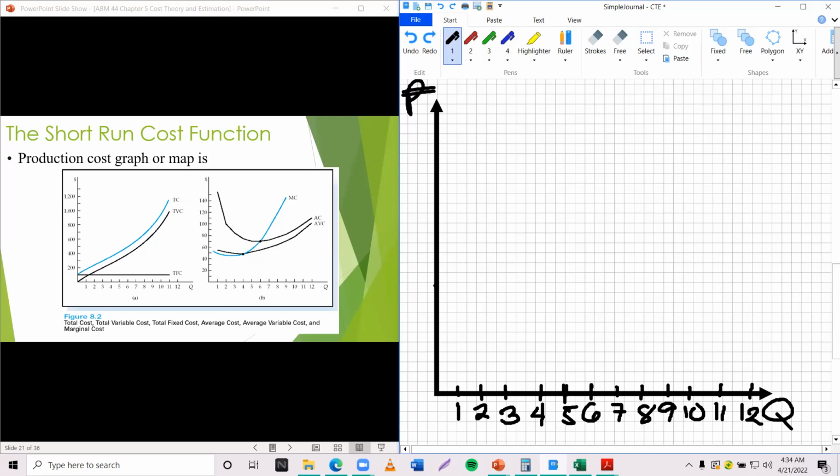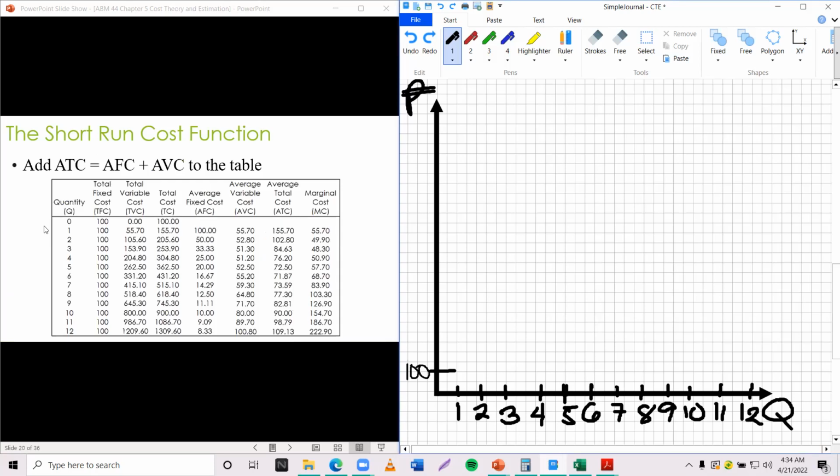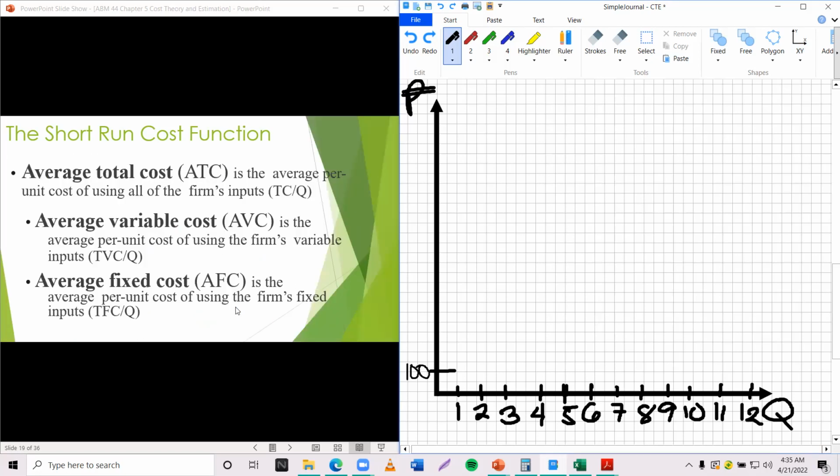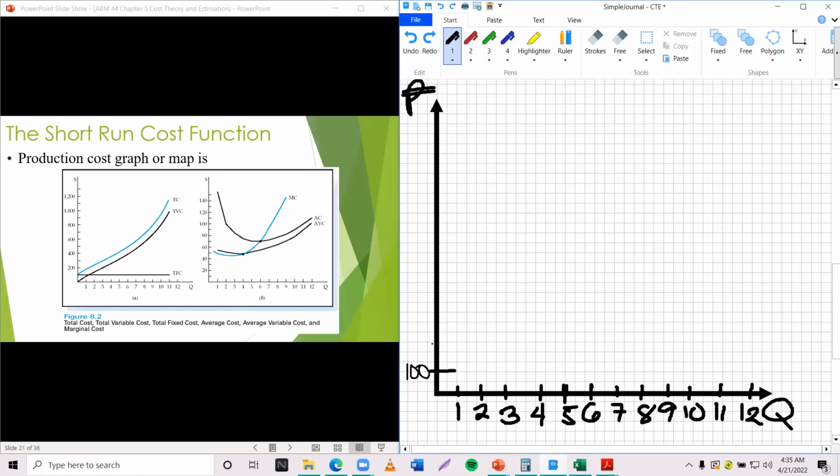So next would be the prices. So it would range from 100 to 1,200. So here, from 0 to 1,200. I guess this would be our price ceiling. 100, 200, 300, 400.